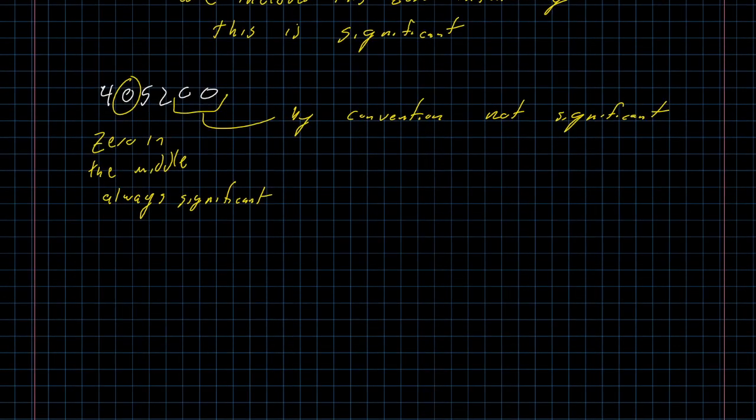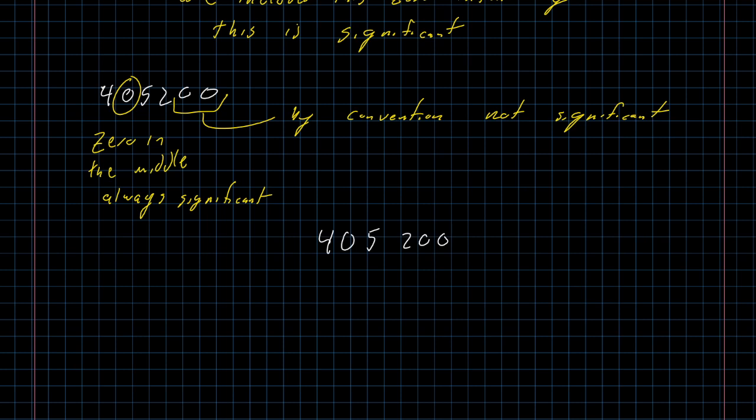Let me rewrite that number so you don't have to try to squint through my scribbling on top of it. 405,200. Let's say that this is a measurement in feet. 405,200 feet.